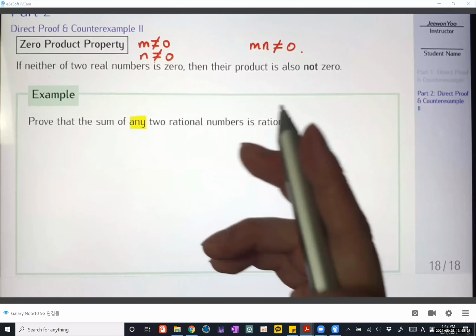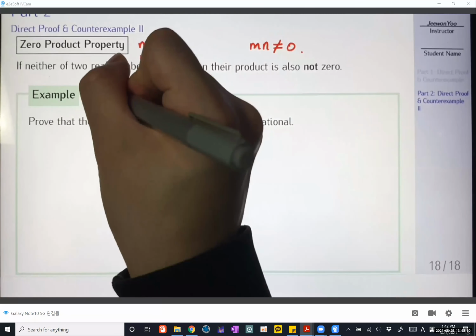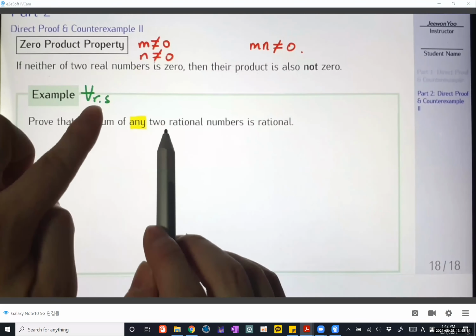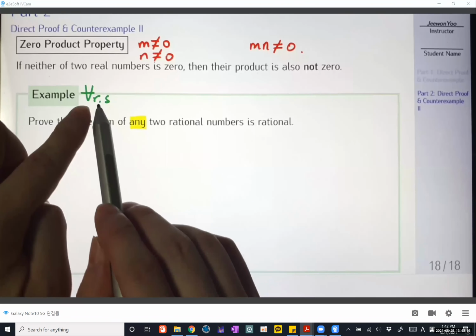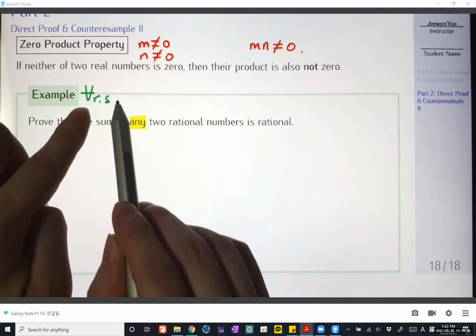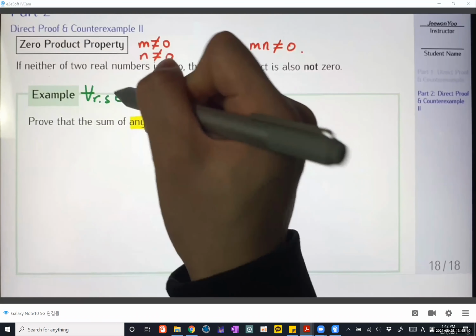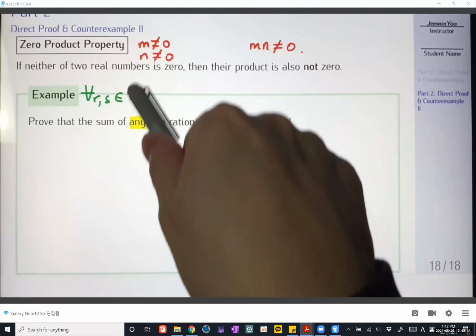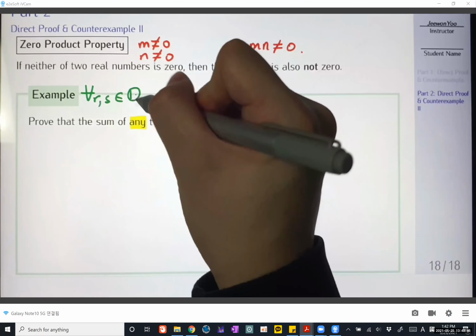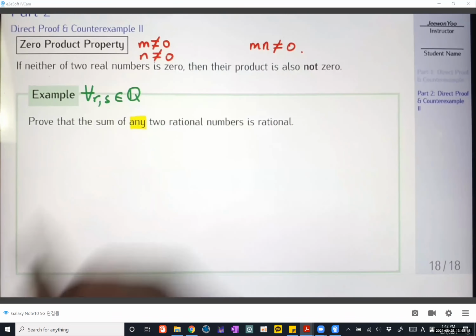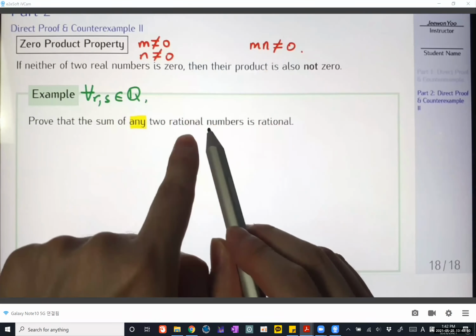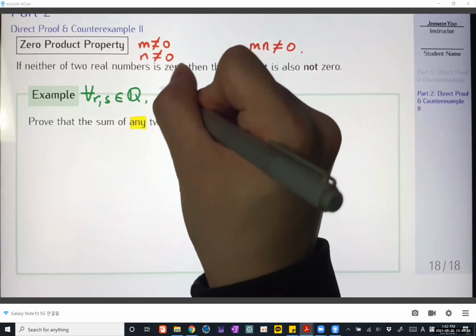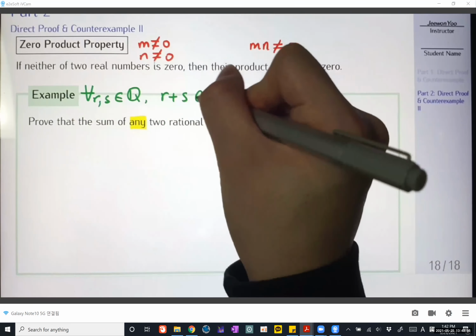For all R and S, see, any two rational numbers means for all R, S belonging to the set of rational numbers Q, their sum R plus S is rational.